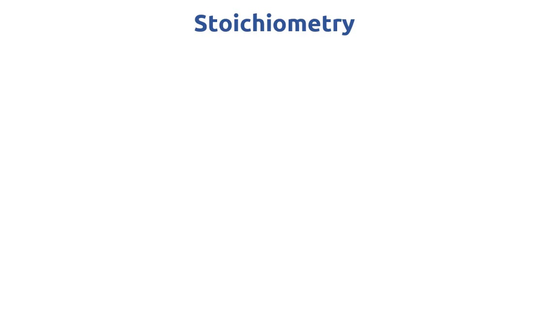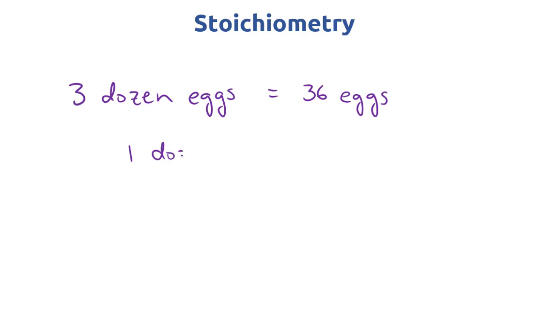So to explain what the mole is, let's instead think about how we count other large groups of objects. So for example, eggs. If you bought 3 dozen eggs, you would know that that is 36 eggs. Why? Because you know that 1 dozen is 12.